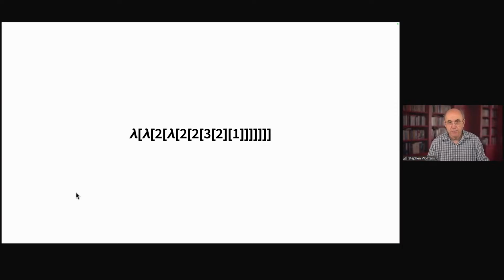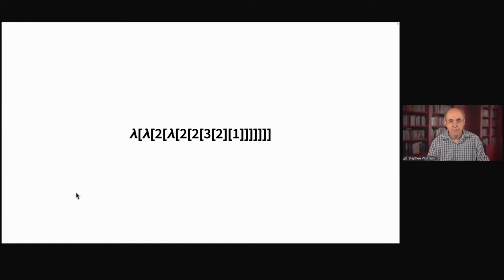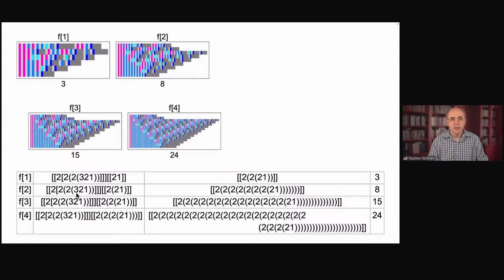I'm talking about interpretable lambdas, where you can apply a lambda to a sequence of lambdas that represent integers. So, for example, here we have that particular lambda applied to a sequence of lambdas representing integers.